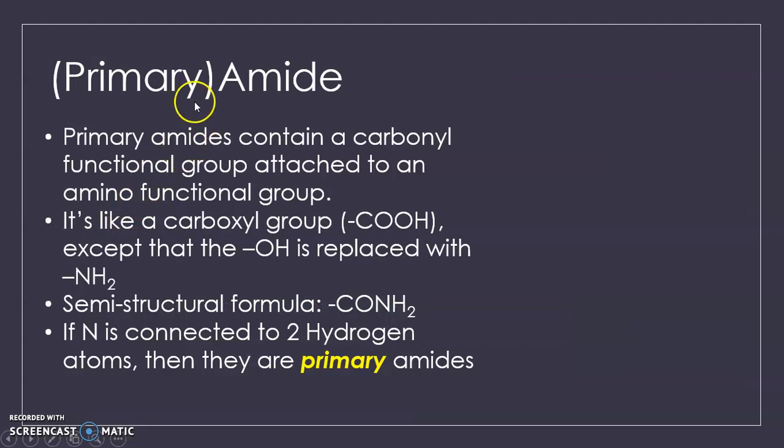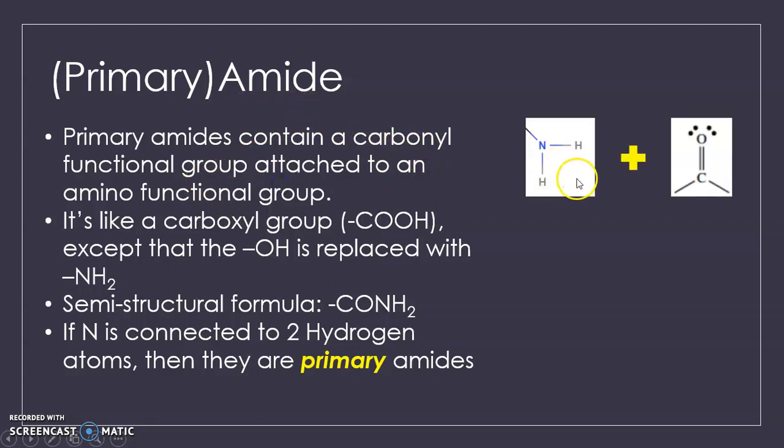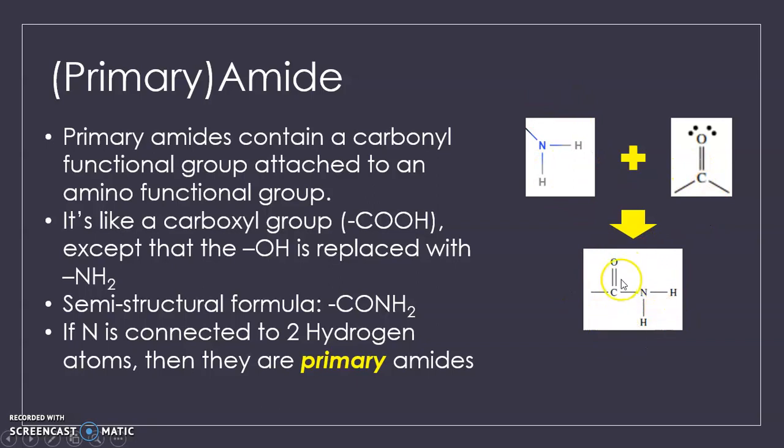Then the last one is amide. An amide contains a carbonyl functional group attached to an amino functional group. So basically an amino group adding to a carbonyl group becomes a primary amide. Why do we call it a primary amide? That is when the nitrogen is connected to 2 other hydrogens.